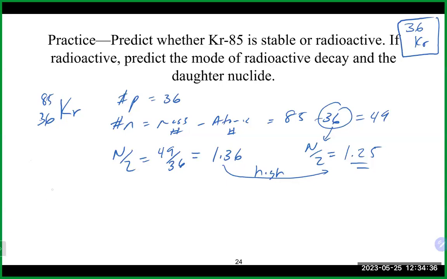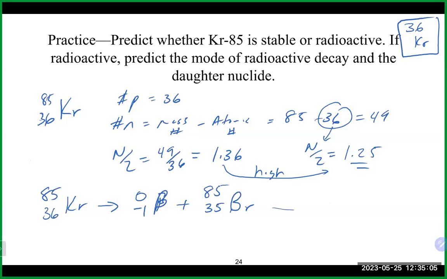So we want to drop it back down. So in this case, it will go through a beta decay. So we'll have our krypton 85, 36, going through our beta decay will get us a missing atomic number of 35, looks like. And once again, 35 from the periodic table there is bromine. And our mass number would be 85 in this case.